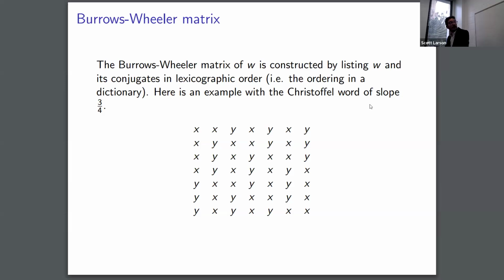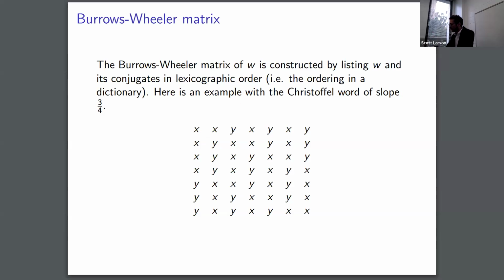Here's the Burrows-Wheeler matrix. You might have heard of the Burrows-Wheeler transform, which was originally used in data compression. And that did involve this matrix, but for our purposes, we don't really need the transform aspect of it. We just need the matrix. And what you do is you take your word and you take all the conjugates and you list them in lexicographic order, basically dictionary order.